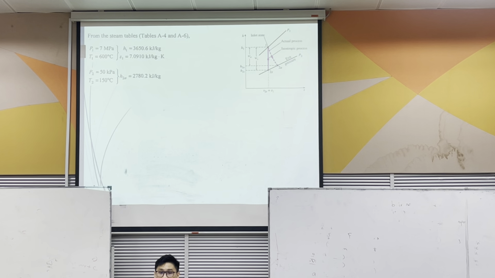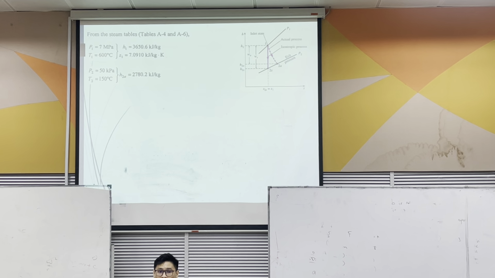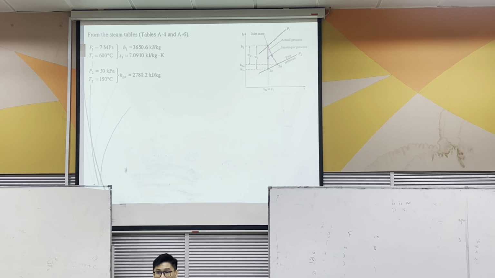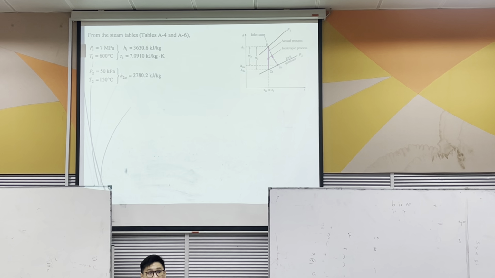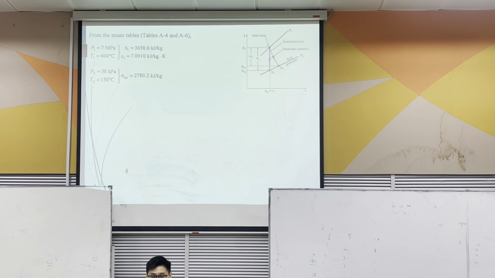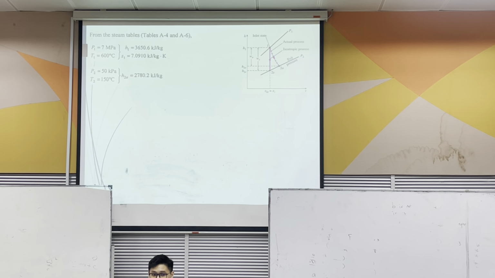Then we go through the usual process. P1 and T1 are 7 megapascal and 600 degrees Celsius, so H1 is 3650.6 if you look at the table. The question also asks for S1 here, but for now you ignore it first because you don't know what it is for. For the second state, you can get H2A from 50 kilopascal, 150 degrees Celsius.